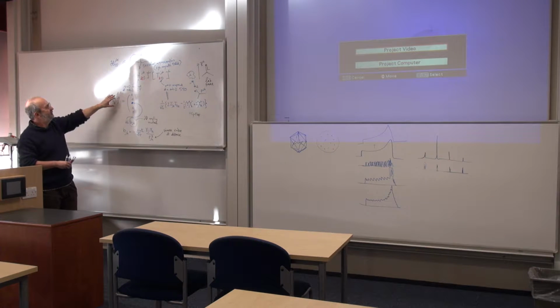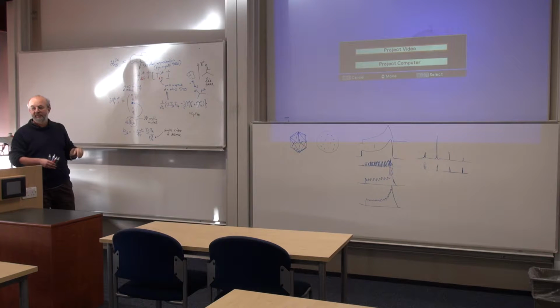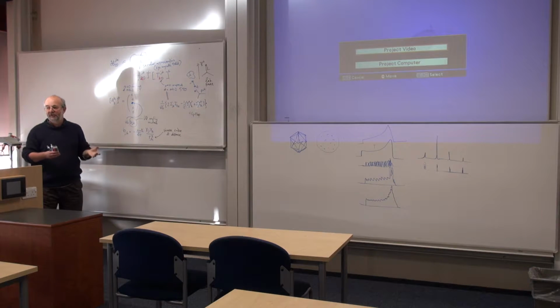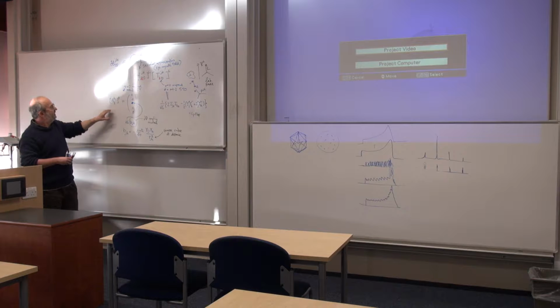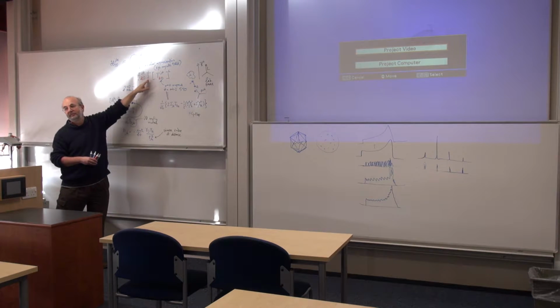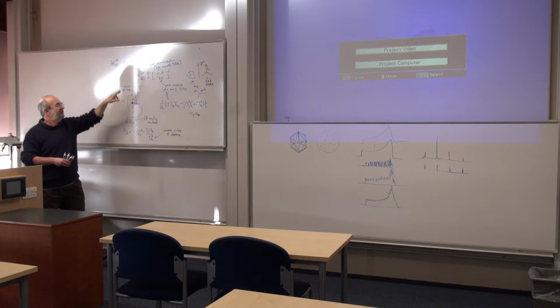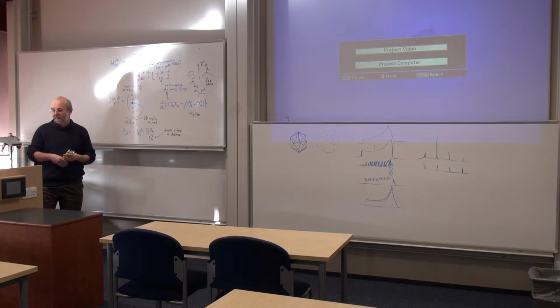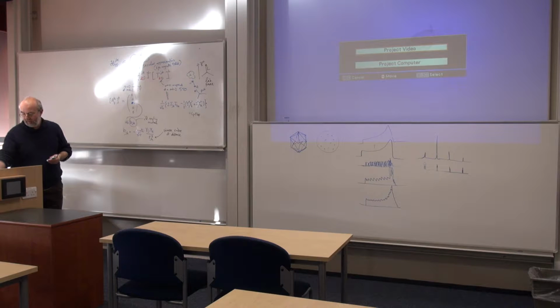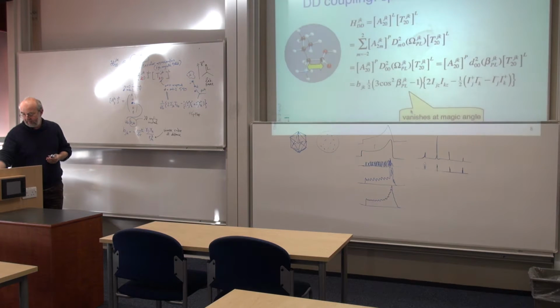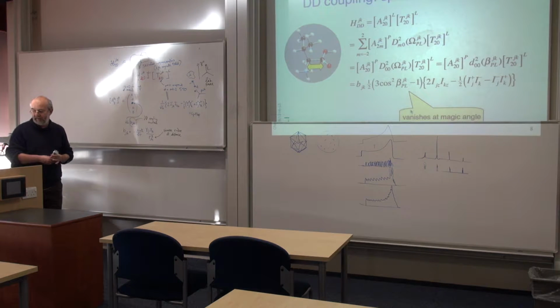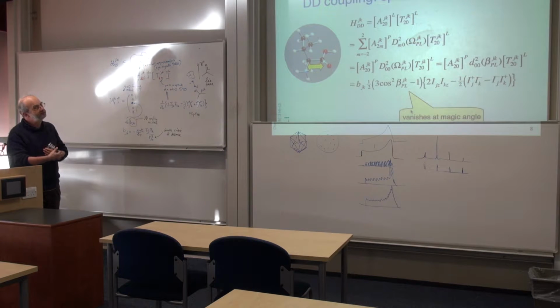So what we have to do in order to write down the interaction in general form is to get from the principal axis frame here to the lab frame there. At the moment they're in different frames. And that's done in this set of equations.